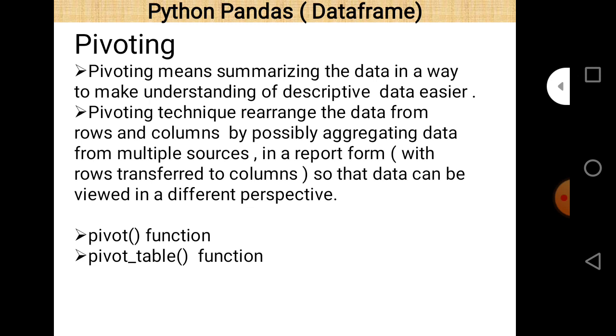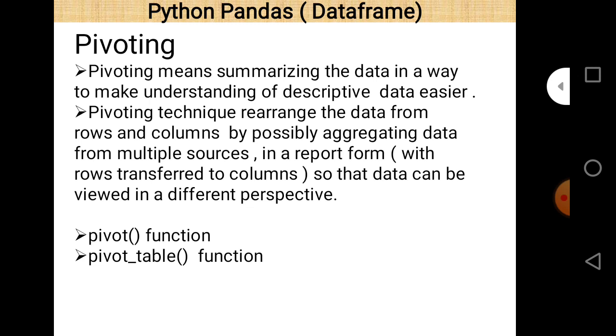So we can understand the descriptive data in a very easy way when we apply pivoting in a data frame. The pivoting technique rearranges the data from rows and columns, possibly aggregating data from multiple sources in a report form with rows transferred to columns, so that data can be viewed from different perspectives.